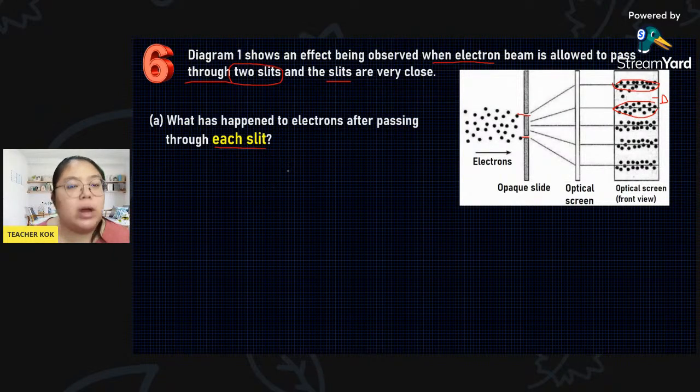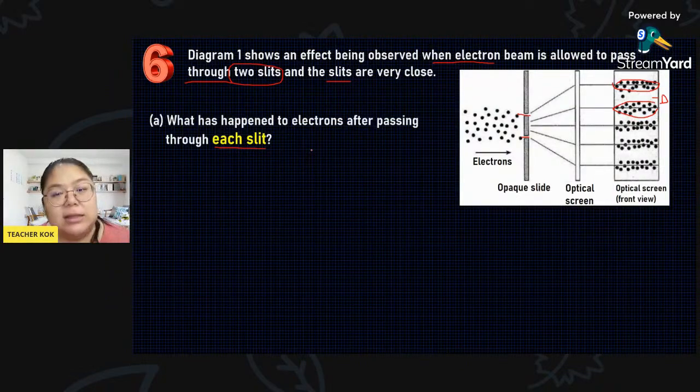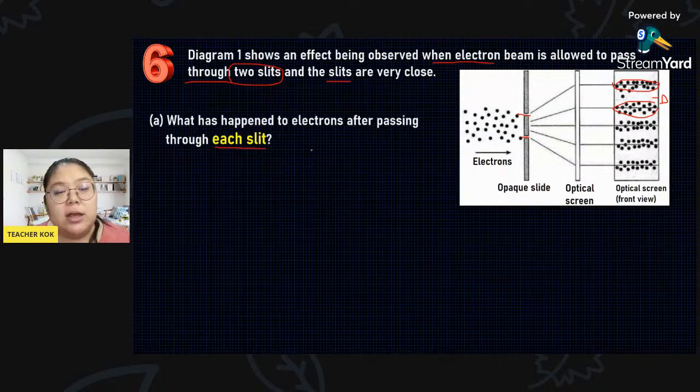They ask what happens when the electron goes through just one of the slits. Anybody got an idea? So we wait for the students and see whether they understand. This is one of the questions about chapter 7.1, quantum theory of light.